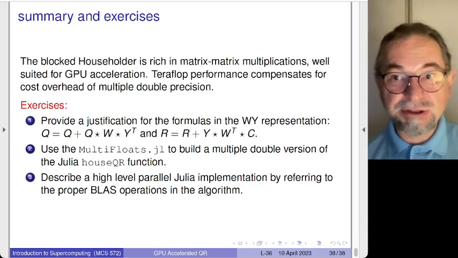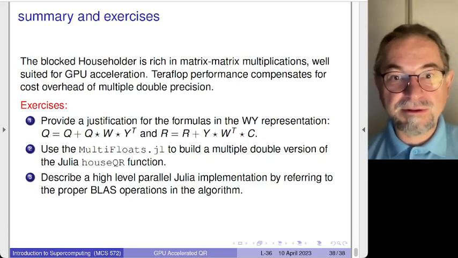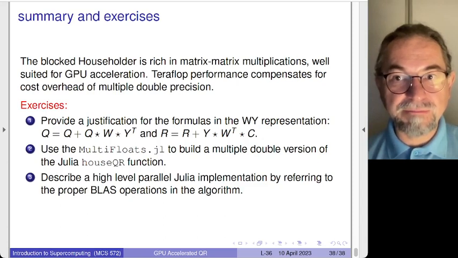So you can also develop a fine-grained, a very detailed, even high-level multi-core QR by using the ideas we considered in the previous lecture, talking about the parallel Gaussian elimination and the tiled algorithms there.